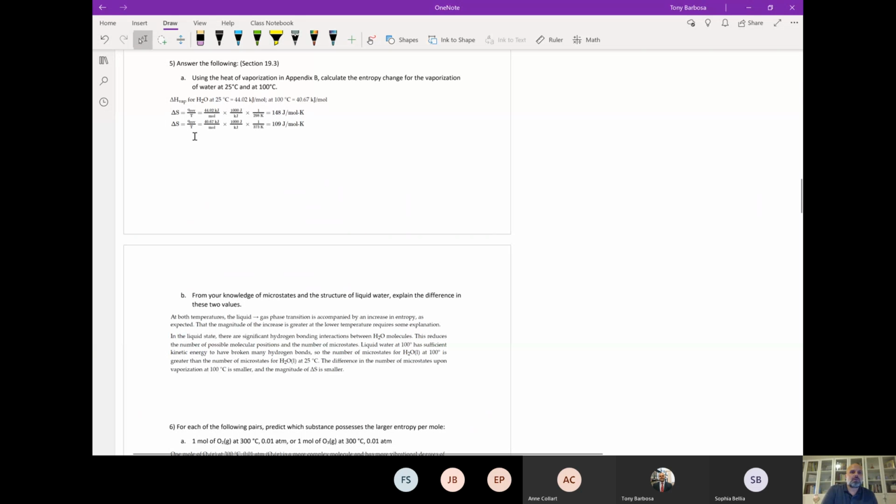Because your enthalpy of that particular reaction, and the heat, delta H of fusion in the opposite direction, is going to be going from a vapor to a liquid, which would be a positive number, right?